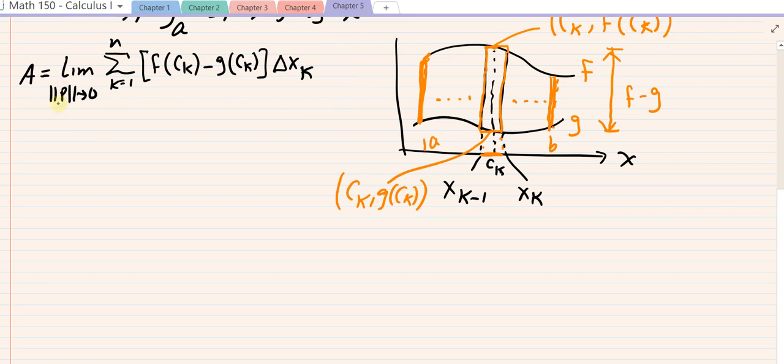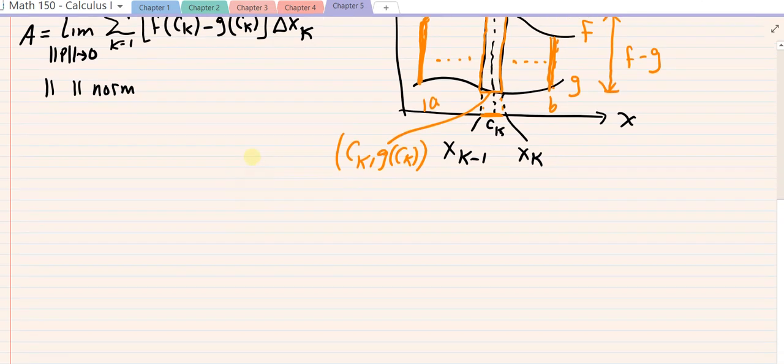Remember, P here is a partition, any breakdown of the interval from a to b, and the double lines mean the norm, the magnitude of the longest segment in that partition. So when we talk about the norm, we allow for delta x to be different, although in practice we choose them to be equal to make it easy for ourselves.